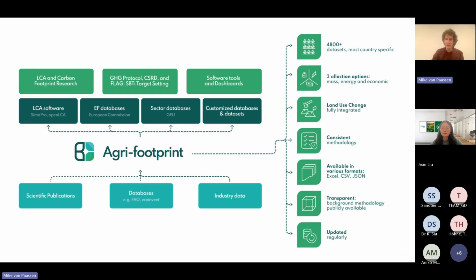Land use change is fully integrated into the database. We apply a consistent methodology throughout the whole database in combination with consistent data sources, for example FAO statistics, in combination with consistent emission modeling, which makes the product very consistent.